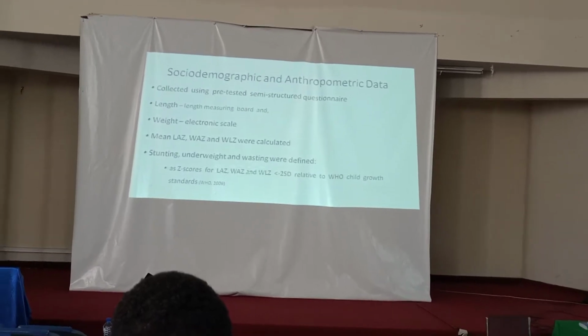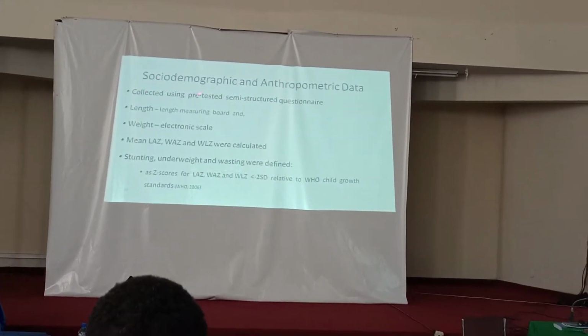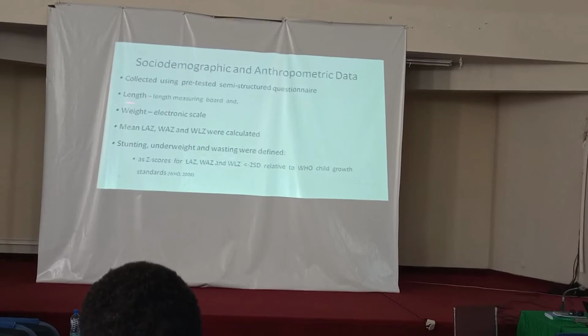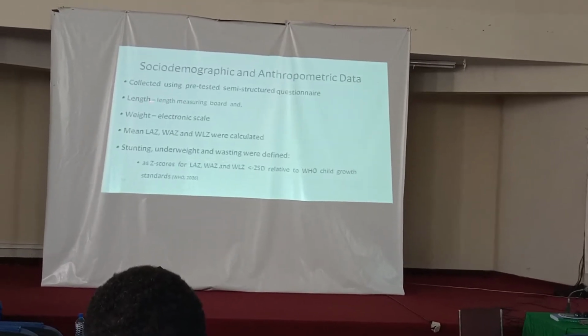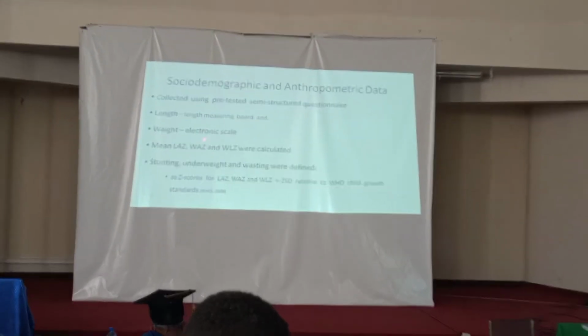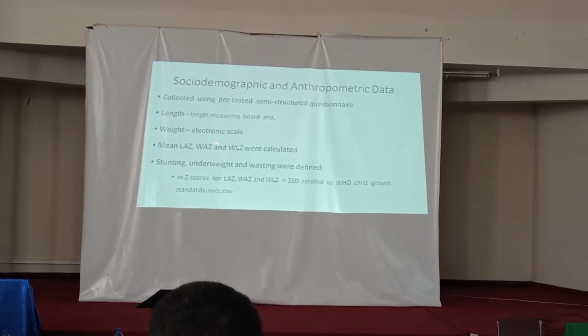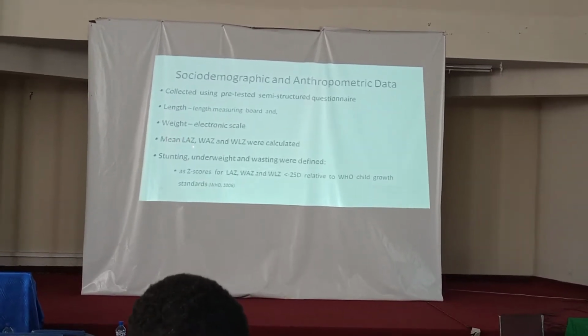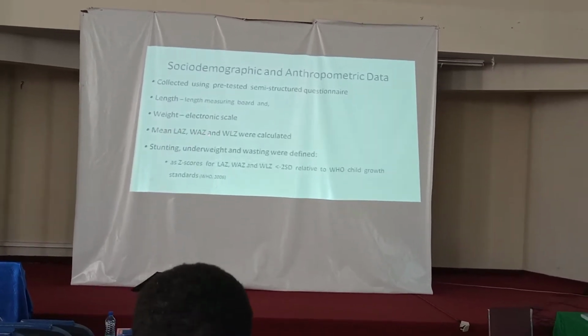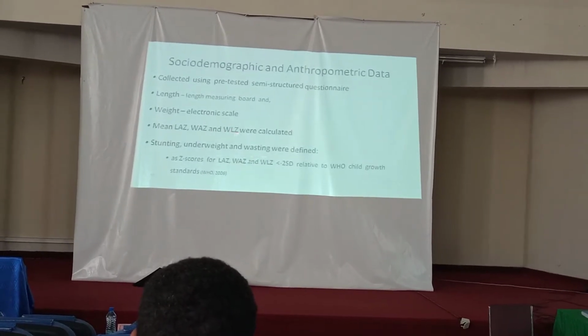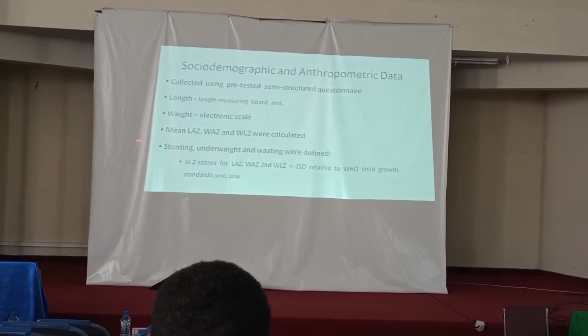The sociodemographic data was collected using a pretested semi-structured questionnaire. Length was measured by a length measuring board, and weight by an electronic scale, and length-for-age, weight-for-age, and weight-for-length z-scores were calculated.